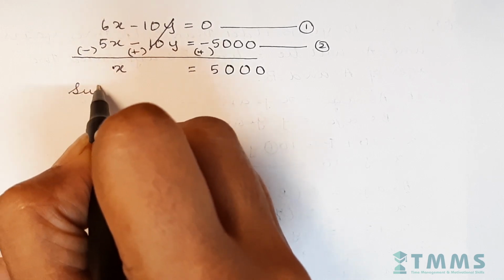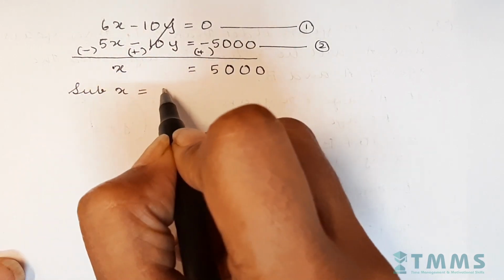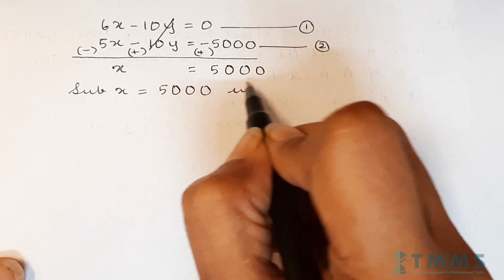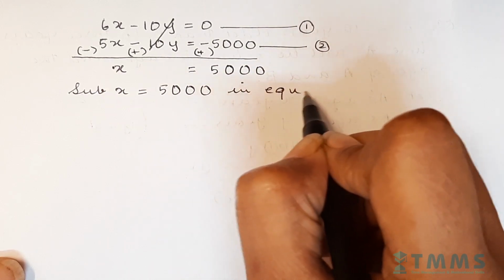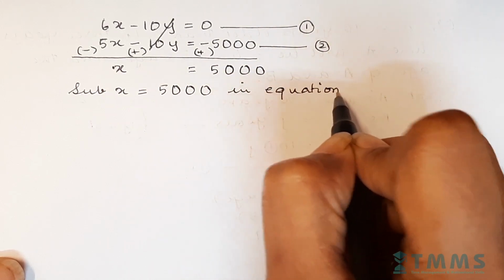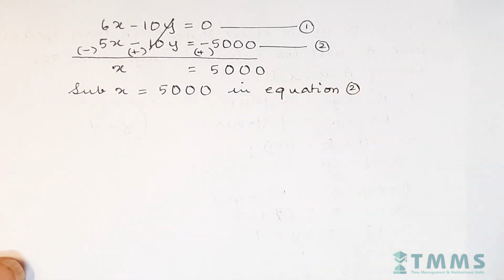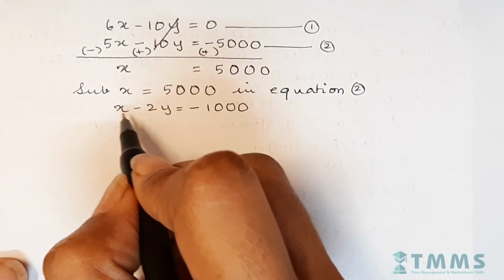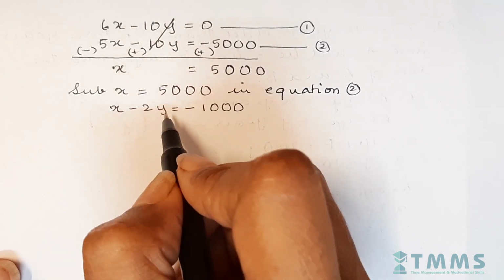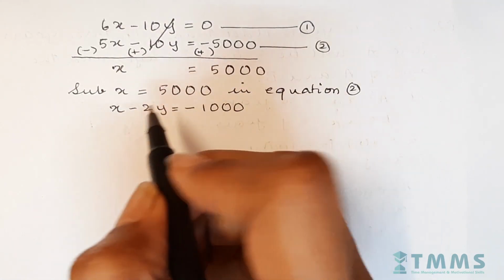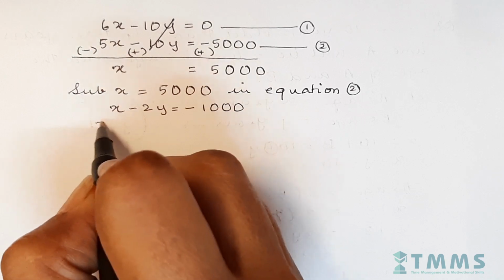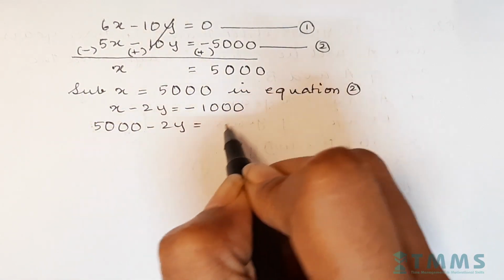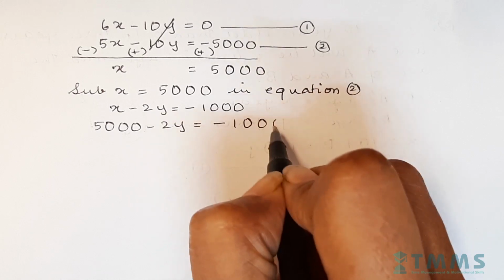Now we will substitute X equal to 5000 in equation 2. And so our equation 2 was X minus 2Y is equal to minus 1000. And so we'll substitute for X like this, minus 2Y, and that is equal to minus 1000.